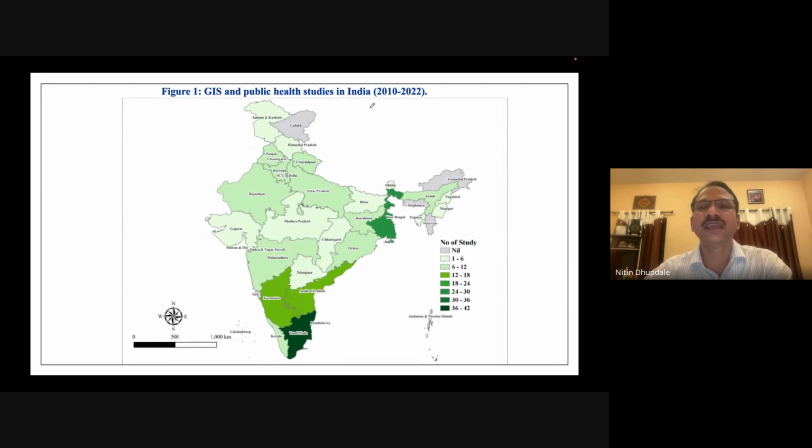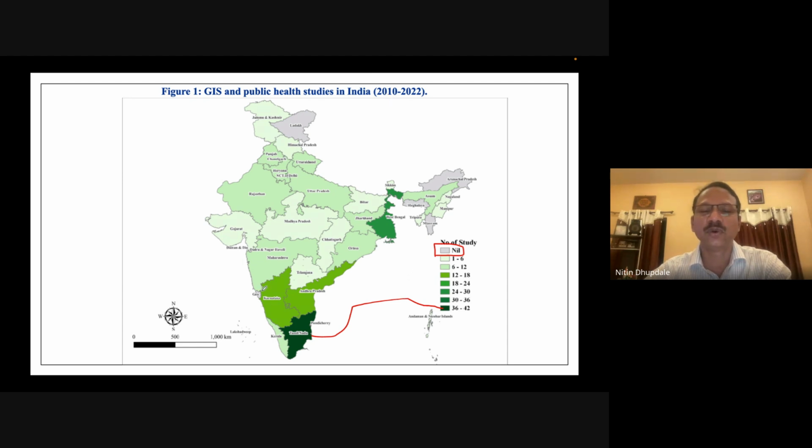Okay, this study was published in January 2023 about how many publications were there, how many studies across India in various states. Some of the states it says nil. So you can see your state and how many publications are done. Tamil Nadu, maximum publication, 36 to 42 in 12 years.